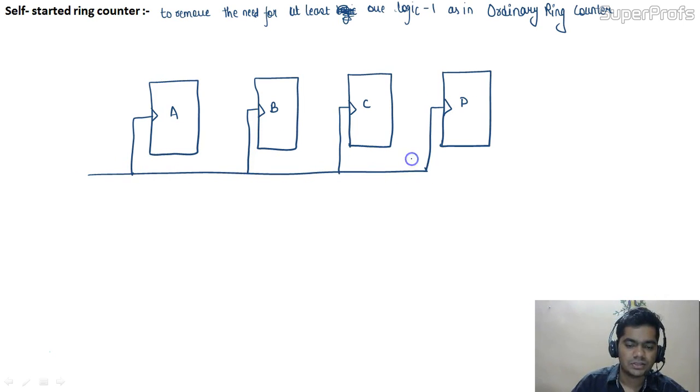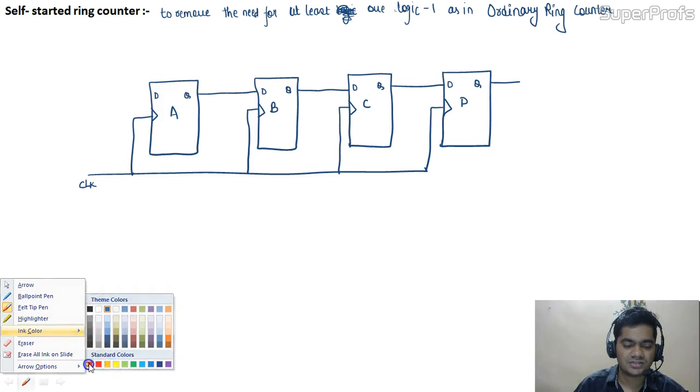Okay, so this is the clock pulse and this is the D input, with the outputs of all the flip-flops like this, and this is the output. So what is the modification that we are going to do in this construction?